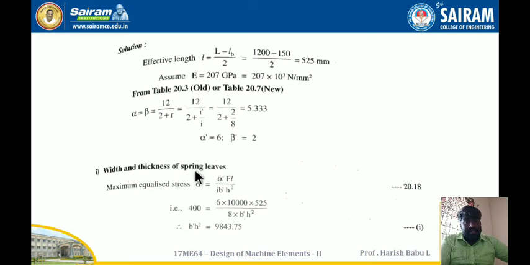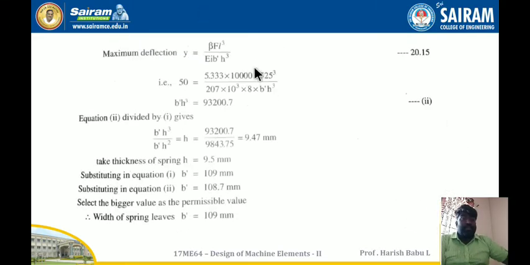So width and thickness of the spring leaves. The maximum equalized stress sigma is equal to alpha dash FL divided by I b dash h square. By substituting all the values, I get b dash h square as 9843.75. Keep that as equation number 1. Consider the maximum deflection Y. From equation 20.15, by substituting all the values of beta, L cube, F, E, I, I get b dash h cube as 93200.7.